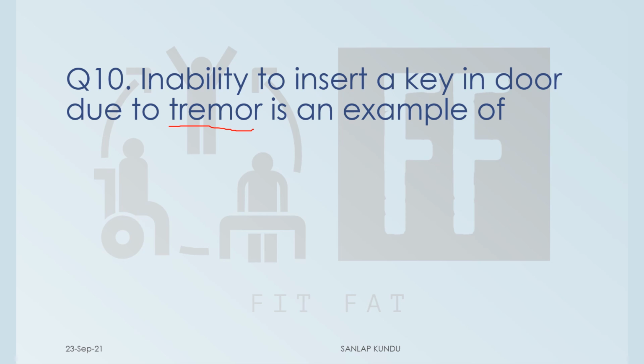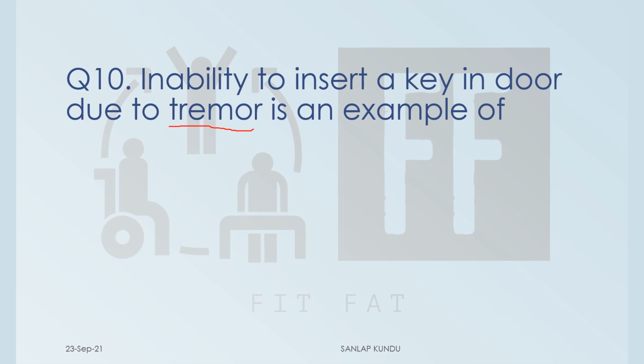So here the question is asking about inability to insert a key in the door, that is, the tremor occurs during the activity, not when the patient is initiating the movement or at rest. So what could be the answer?